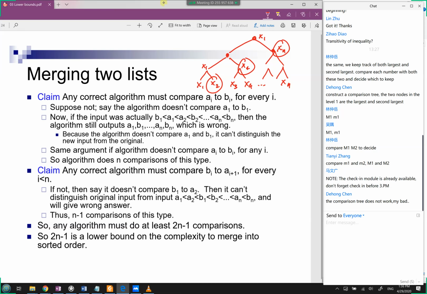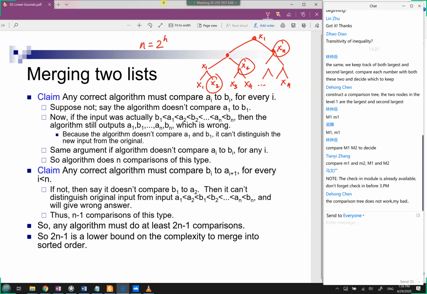And now, how many such values are there? If you have n values, and let's say that n happens to be a power of 2, so it's 2 to the h for some h, then there are exactly h of these values that x1 competed against. And you know that the second max is going to be one of these values.